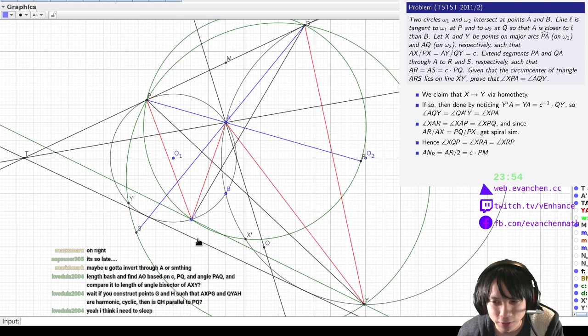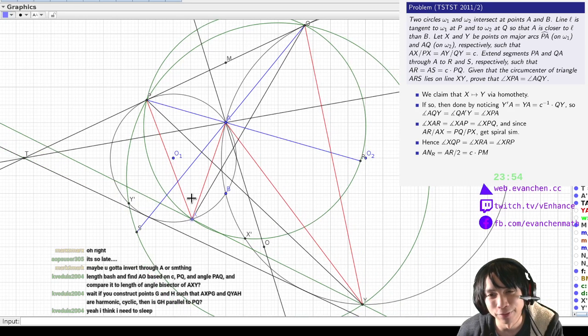Everything so far feels spirally. Especially we have an explicit spiral similarity XAQ to XPQ to XAR, and it does spiral things.